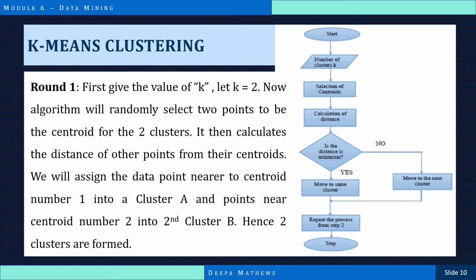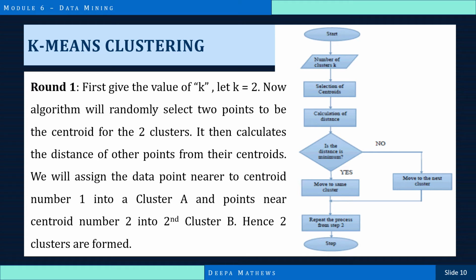Then it calculates the distance of other points from their centroids. So we are going to calculate P minus Mi, the distance from each point to the centroid. And we will assign the data points nearer to centroid number 1 to cluster A, and the points nearer to centroid number 2 to the second cluster B. Now we have two clusters.